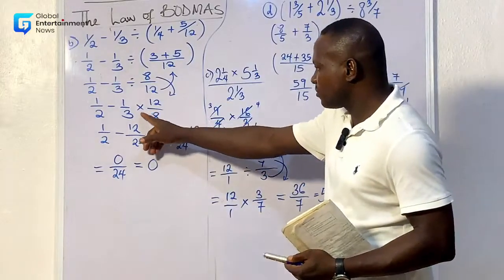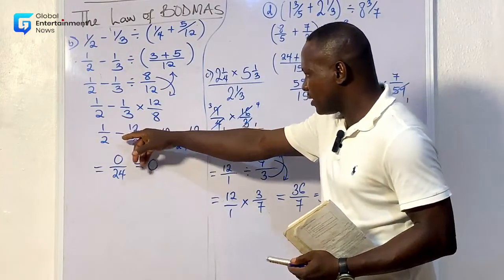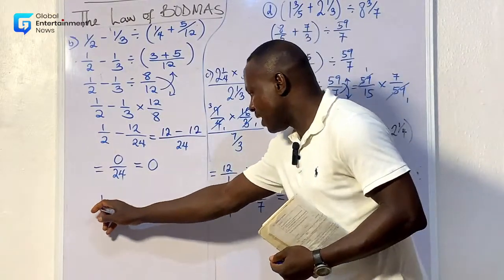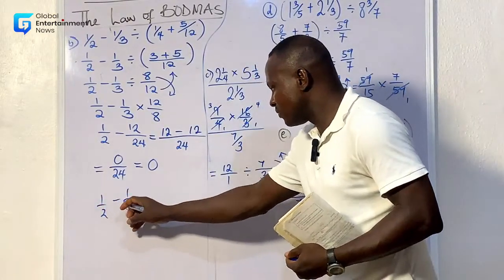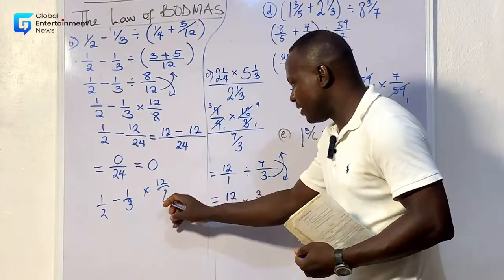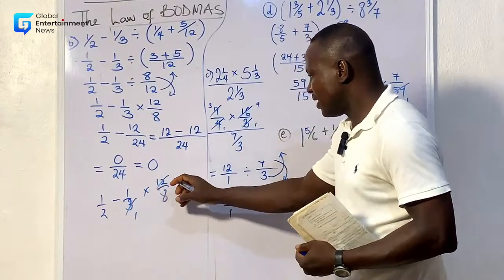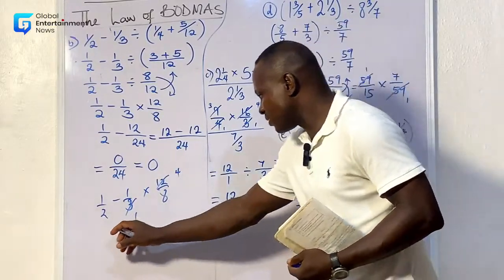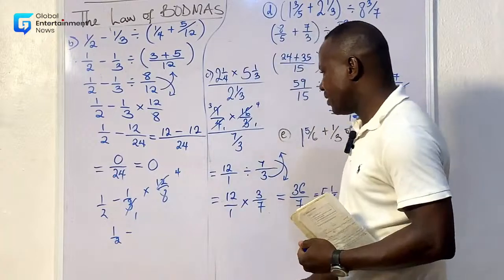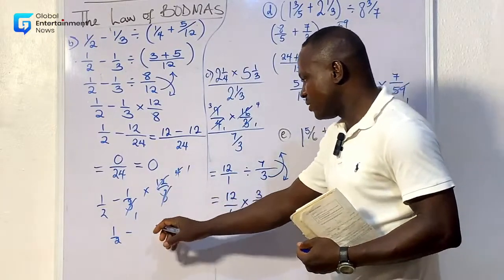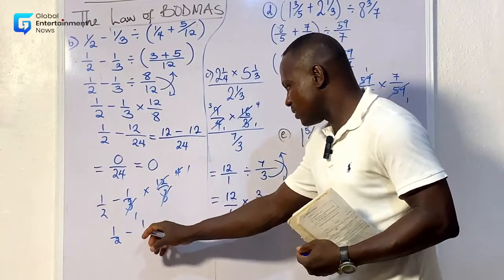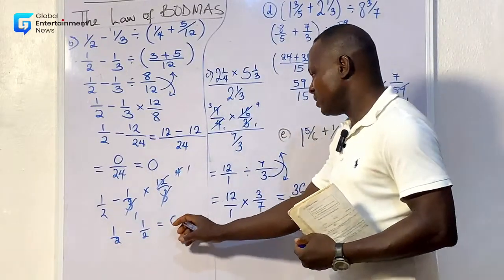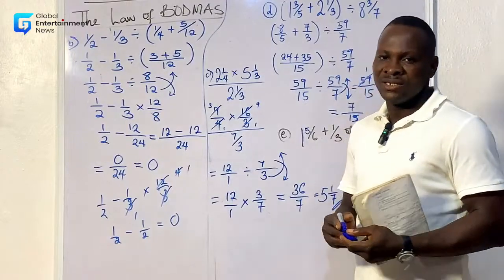Like this one, getting to this place, I can say 3 here 1, 3 in 12 is 4. So 1 all over 2 minus 1 all over 3 times 12 all over 8. 3 here 1, 3 here I have 4. I can also say 1 all over 2 minus, 4 here is 1, 4 here is 2, giving me 1 all over 2. So what will this one give us? It is going to give me 0.